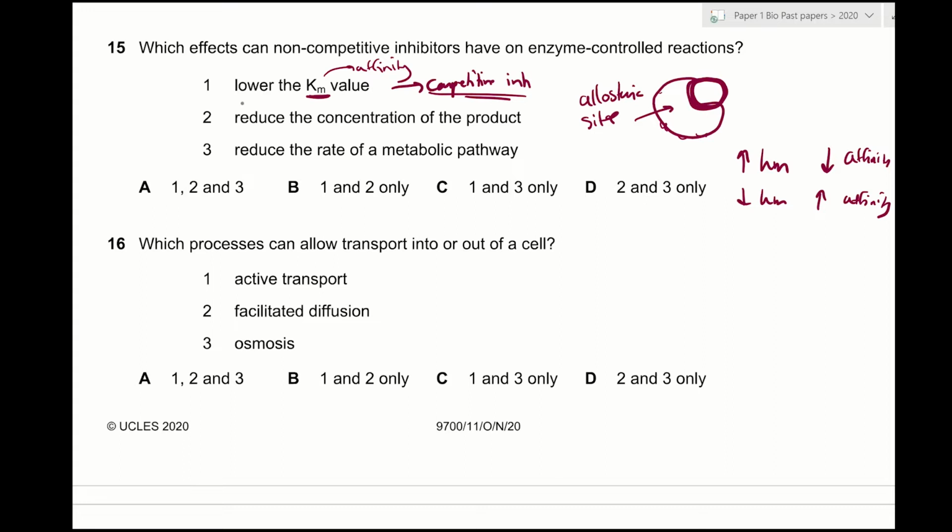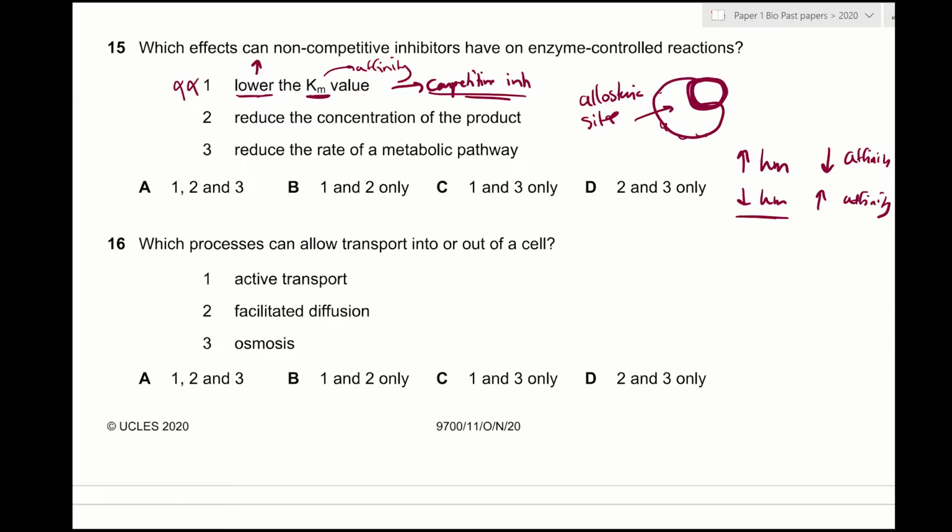Because here it says to lower the Km value. As we said, lowering the Km value means the affinity increases, but this is not correct in case of a competitive inhibitor. As we all know, in a competitive inhibitor, the affinity of the enzyme for the substrate actually decreases. So the Km value must even increase, not decrease. Therefore, this is totally incorrect.